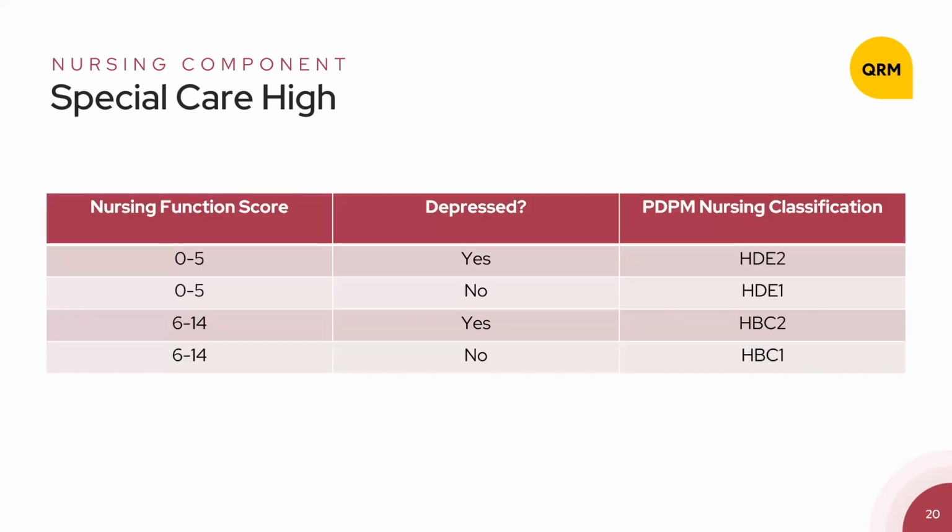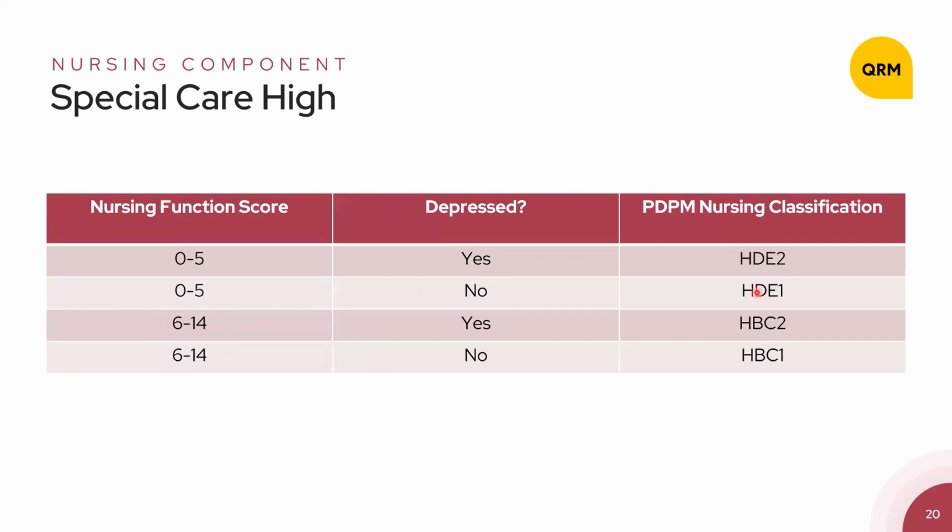So what the nursing classifications look like is you have your ADL splits here. You have a 0 to 5 and you have your 6 to 14. Now, if you look over here on this final column, your H tells me it's a special care high. That's what that H means. Now, the BC tells me it's a functional score of 6 to 14.